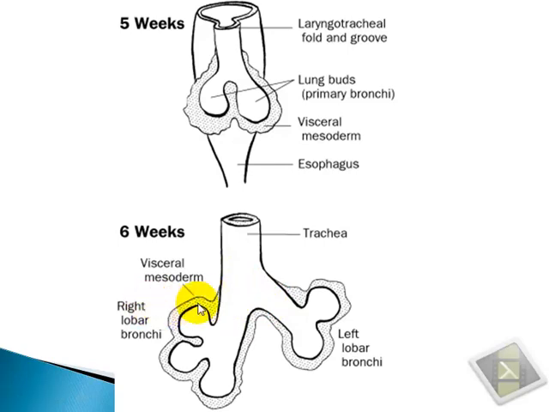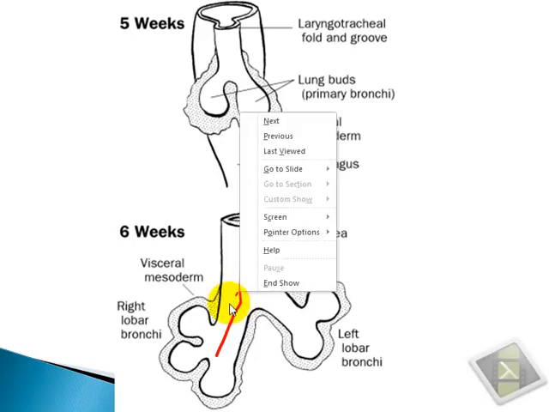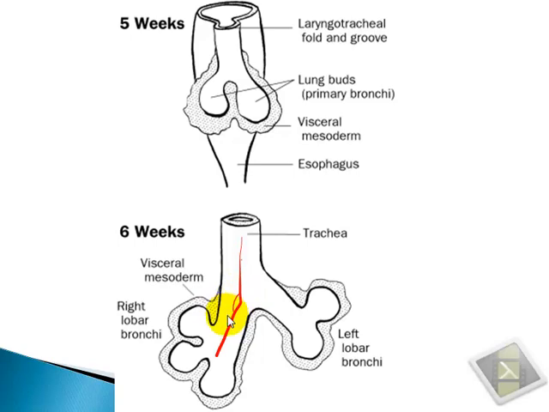And if you look very carefully at the angle from the trachea, this angle is not exactly 180 degrees, but it's quite an obtuse angle, quite close to 180 degrees, whereas this angle is almost a 45-degree angle.